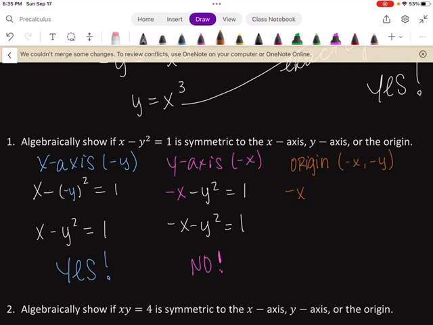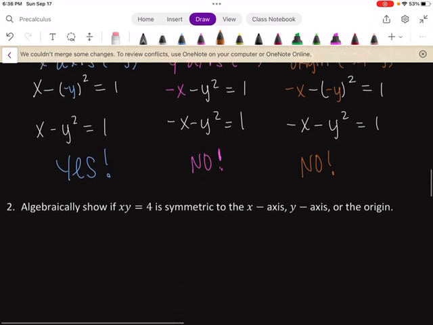So we have negative x minus y squared is equal to 1. And let's put in the negative y. So our final result there is negative x minus y squared is equal to 1. And that is different from the original. So no, it is not symmetric with respect to the origin.